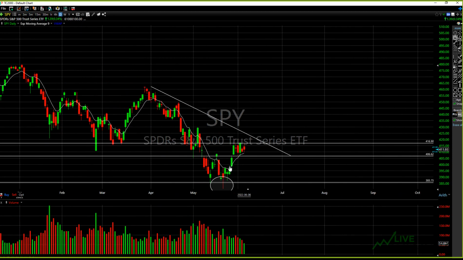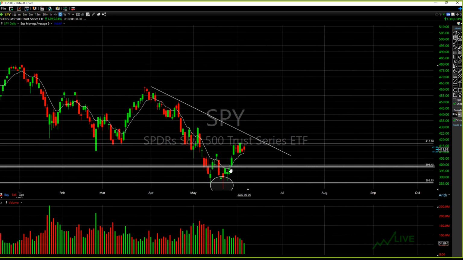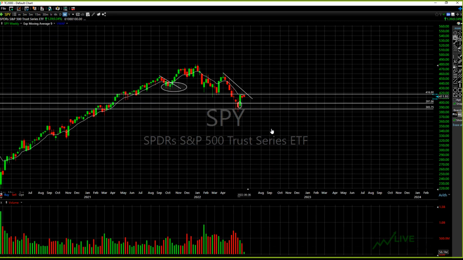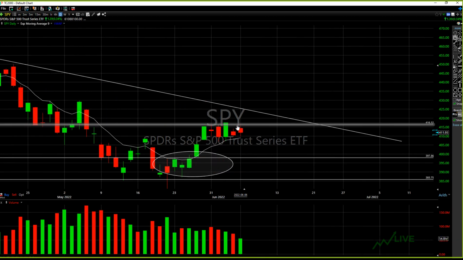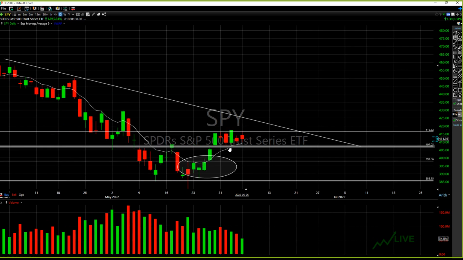The reason why is, aside from this break back up through 398 that warranted the correction to retest this weekly chart trend, we've just been consolidating. I like consolidation because usually the more we consolidate, the more the market is charging up for another move. But it means that we're range bound.